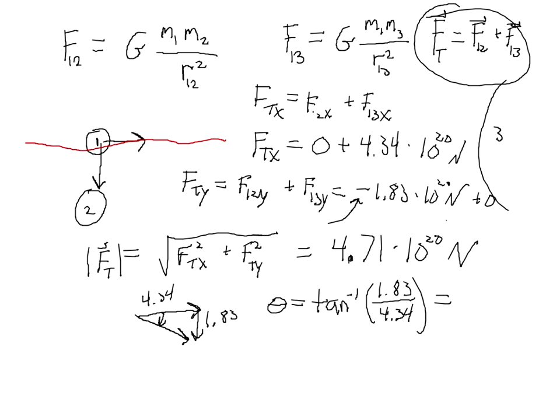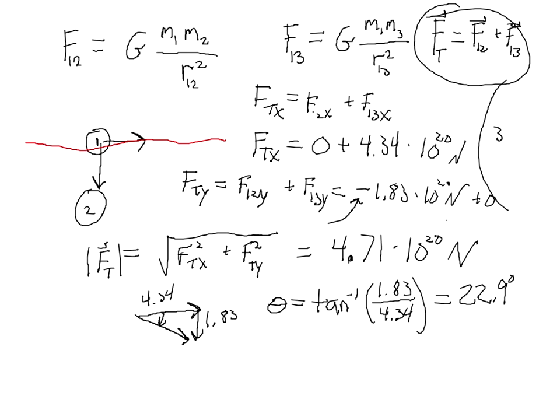So we have 1.83 divided by 4.34, giving us 0.422. And then we use the inverse tangent function. That is 22.9 degrees. 22.9 degrees below the horizontal would be the direction. And that's the end of the example.